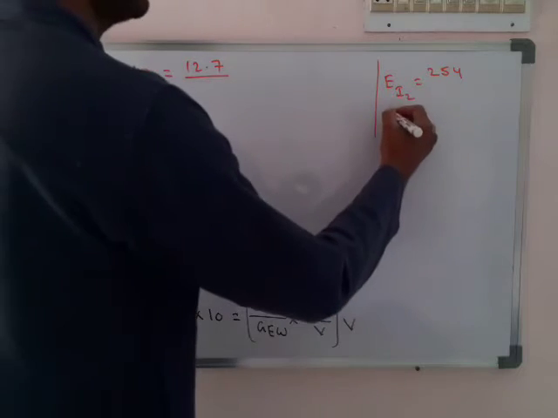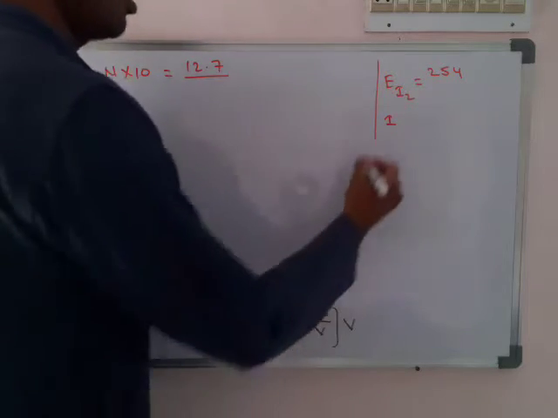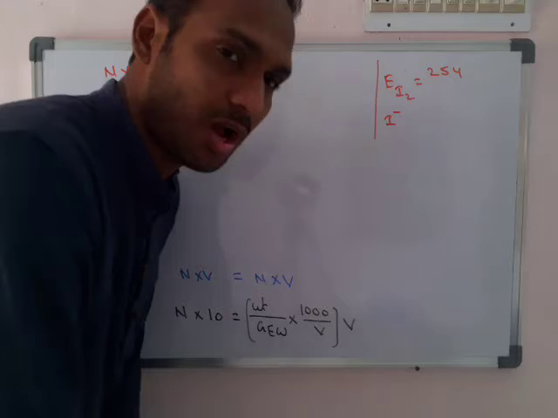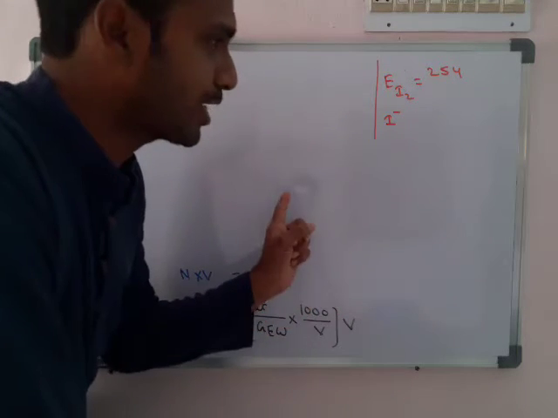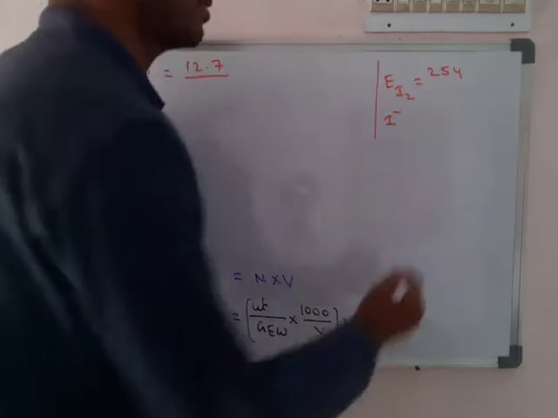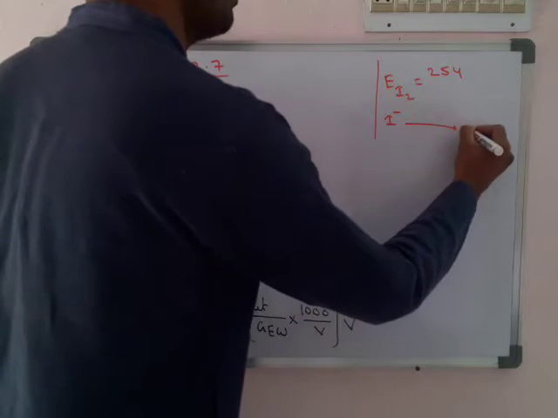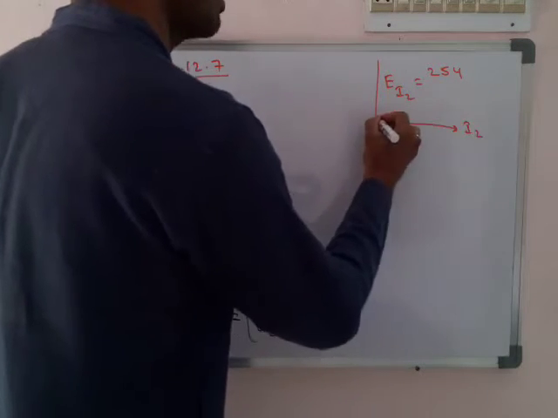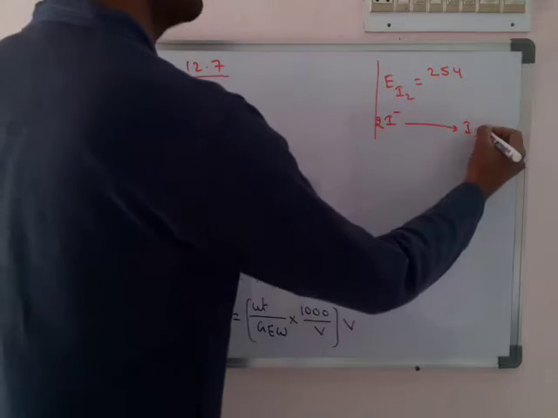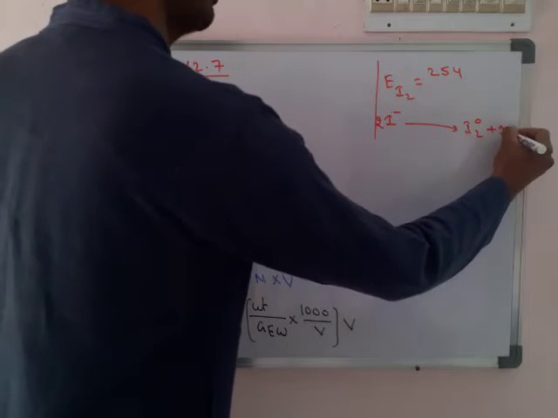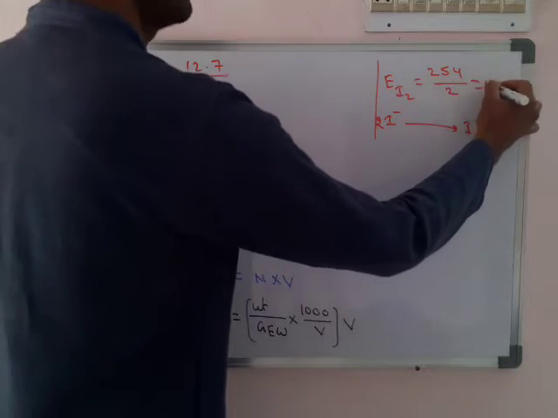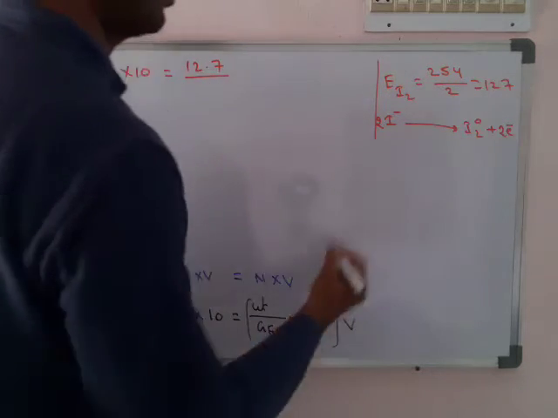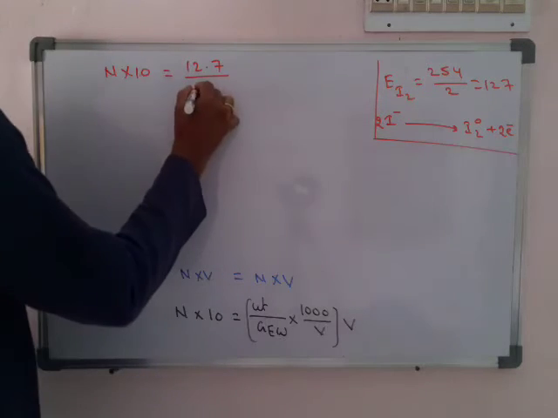So what is the n factor? We know that I2 is formed from iodide. From potassium iodide, I2 forms. The I minus becomes I2, so balancing 2I, getting 2 electrons. The n factor for iodine is 2. That is again 127, so it's important.